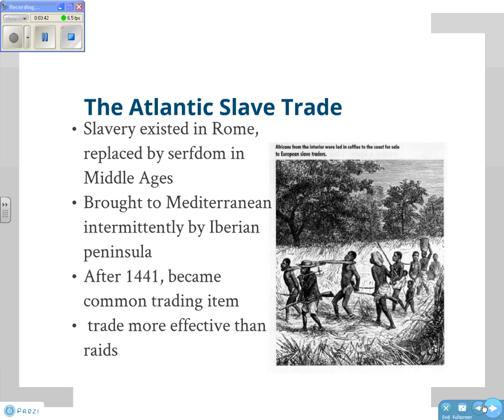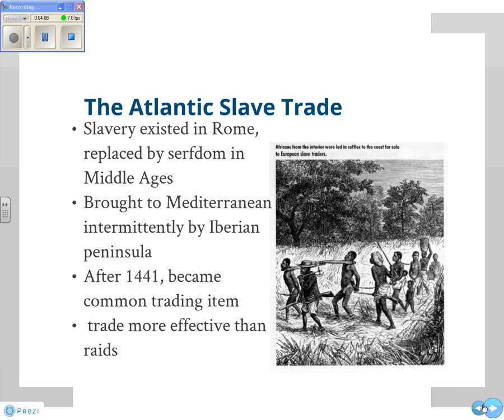Next question. What was the history of African slave trade? Bringing slaves out of Africa had existed as early as Roman times. It's really replaced by serfdom in the Middle Ages. Europe sort of dropped slavery during the Middle Ages, with the exception of, you guys remember we talked about it in a previous chapter, with the exception of where?